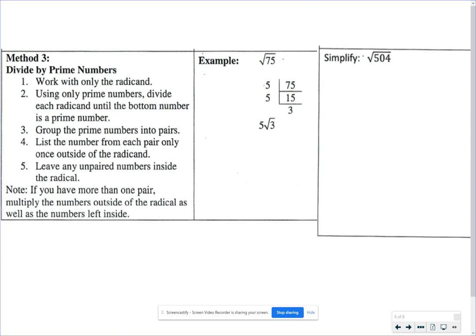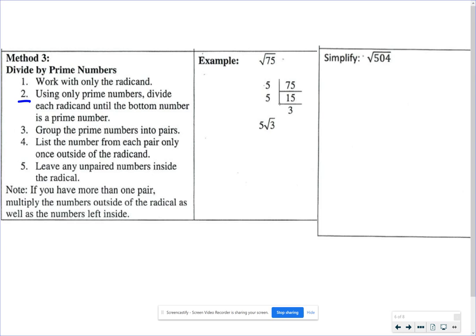So with this method, we use only prime numbers as our factors. So the 75, we're going to look at that and say, okay, it ends in 5, so it must be divisible by 5. So we're going to start by dividing the 75 by 5. 75 divided by 5 is my 15. 15 is still divisible by 5, so I put another 5 out here.